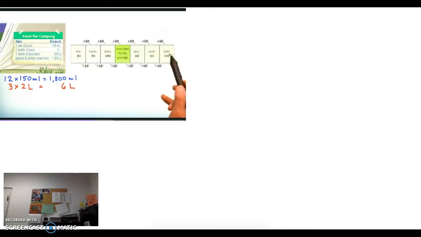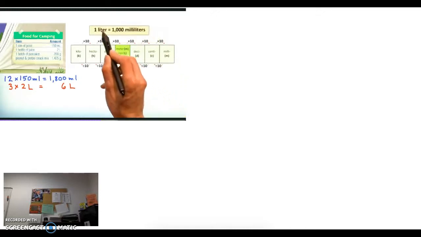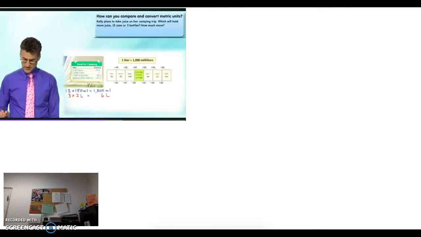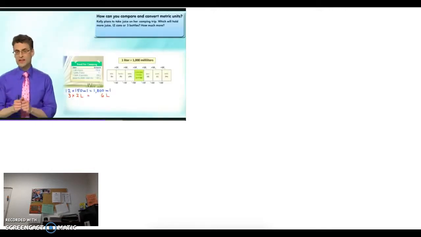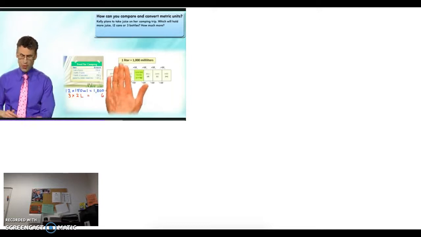So to go from liters to milliliters, we have to multiply by 10 times 10 times 10. 10 times 10 is 100, times 10 is 1,000. So what that tells me is that 1 liter is actually equal to 1,000 milliliters.